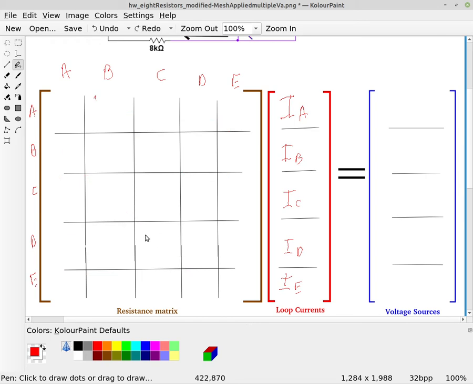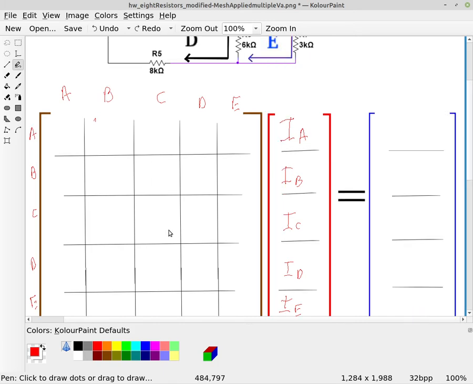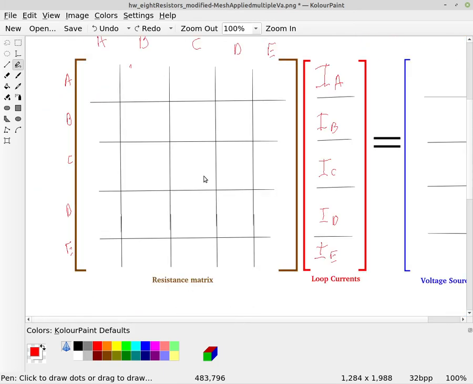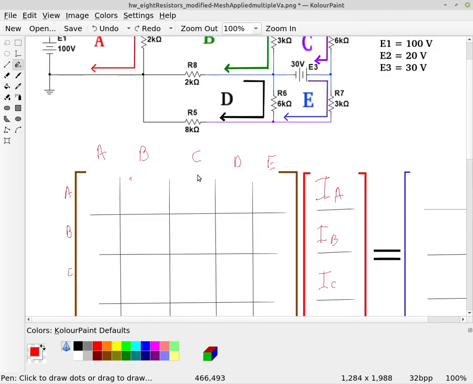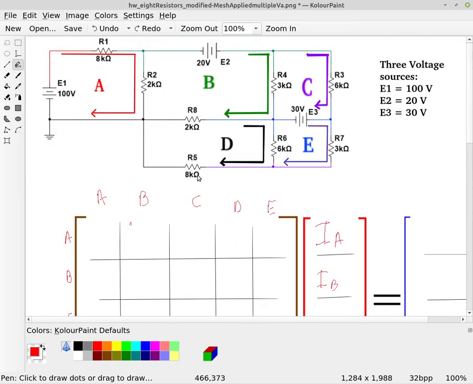So let's take a look here, and the first thing we want to do, you can do voltages first, or you can do resistances first. It doesn't really matter. Remember, when you're doing mesh analysis, if you do have a current source, you first must convert that current source into a voltage source to do the mesh analysis.